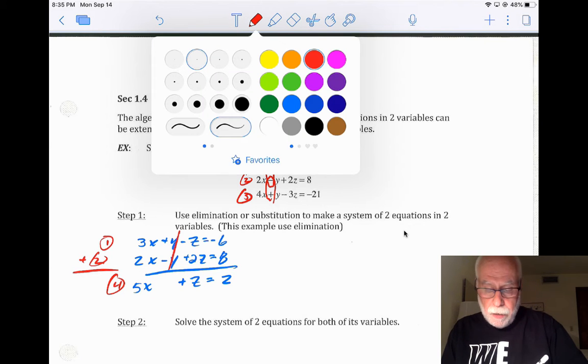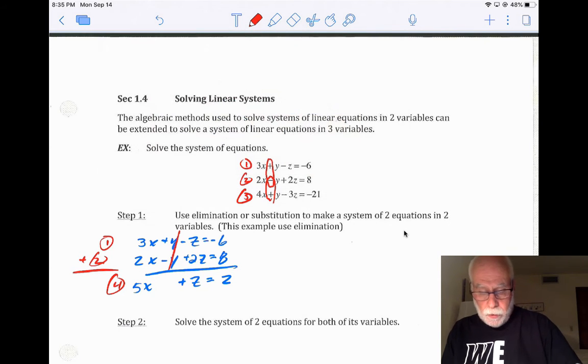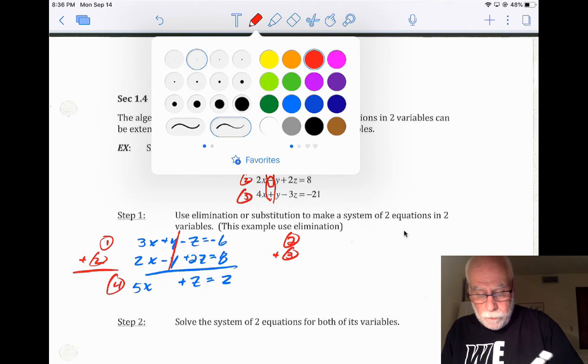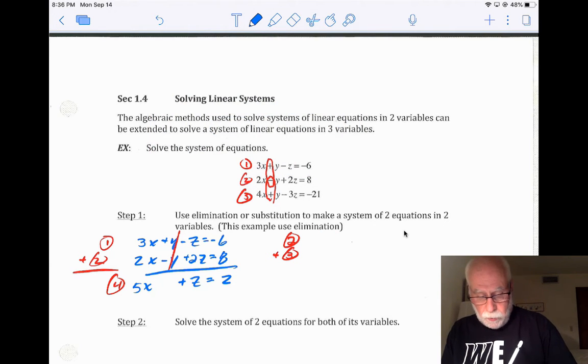Same thing, I'm going to use 2 plus 3. So again, I'll have 2x minus y. Oh, I'm sorry, here, let me go back and change it to the color blue again. So I'll have 2x minus y plus 2z is equal to 8.